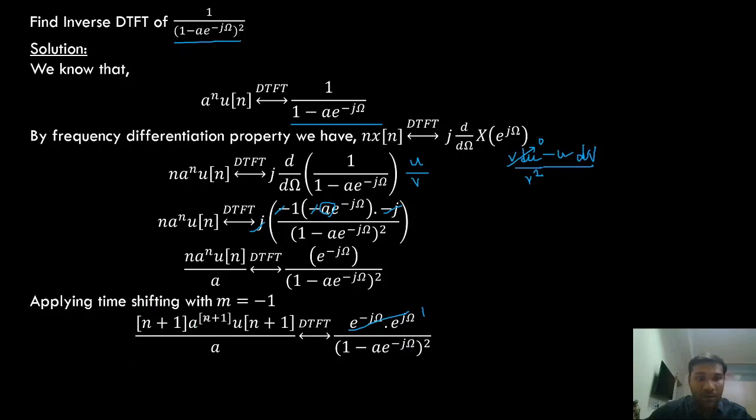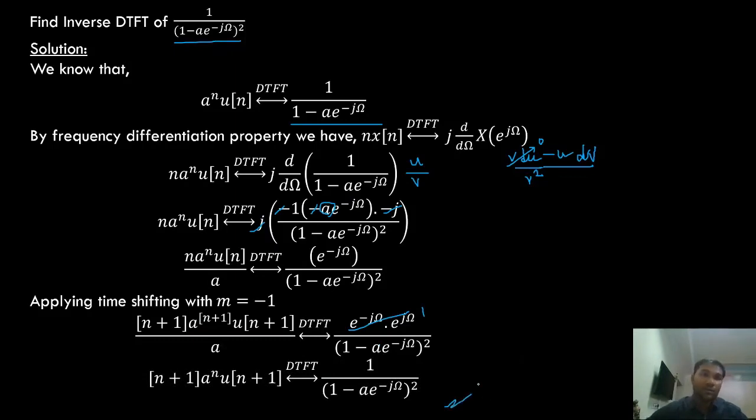Instead of a power n plus 1, now I can write a power n. So this is my final answer. This is how I can find the DTFT. We can do the same thing using the synthesis equation or the inverse DTFT expression, but it's going to be complicated. So we'll use properties to find the inverse DTFT here.